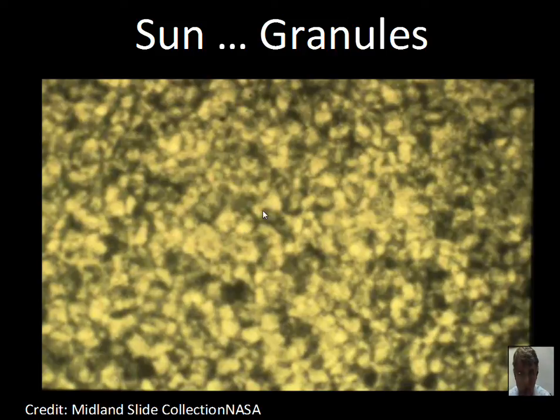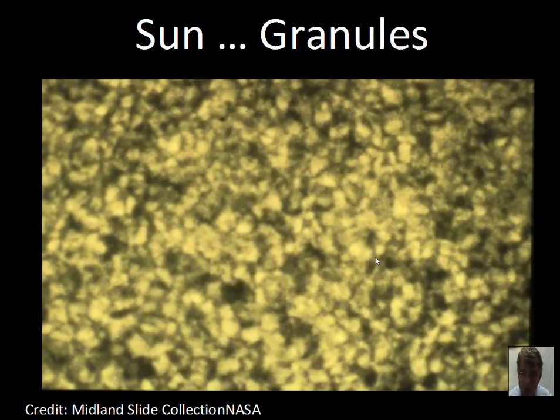So all of these cells you see here, these granules, the bright ones are where more recently that material has convected up to the photosphere and is hot. The dark areas, that's where that material has been on the photosphere for a considerable time and is now sinking back down to the interior of the sun.